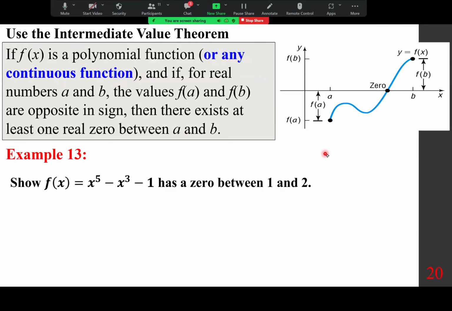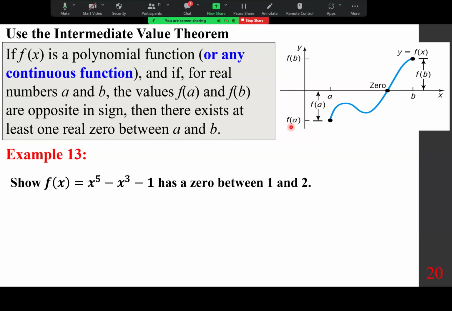There is no break. If it's a continuous function, and the bottom has the y coordinate f of a, the top has f of b, every number between f of a and f of b must be covered. That's the concept. Even if both of them are positive, it doesn't matter. The point is everything from here to here must be covered because this is a continuous scale.